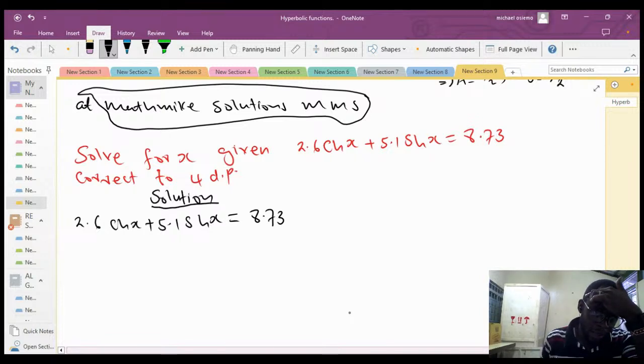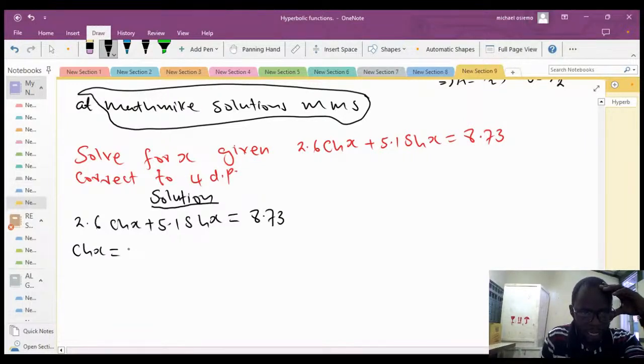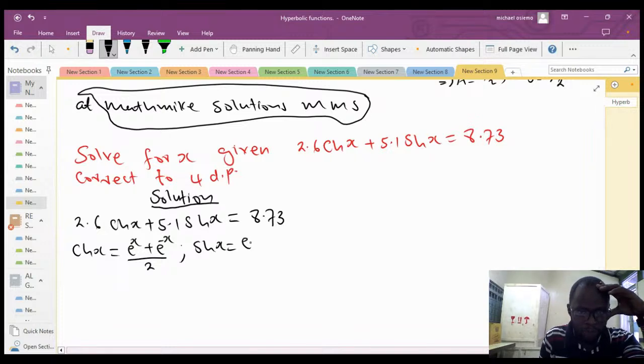And what I mean by applying the same is simply to substitute the hyperbolic functions with their definitions. So you need to substitute ch of x with exponential x plus exponential negative x, and sh of x with exponential x minus exponential negative x, all over 2.